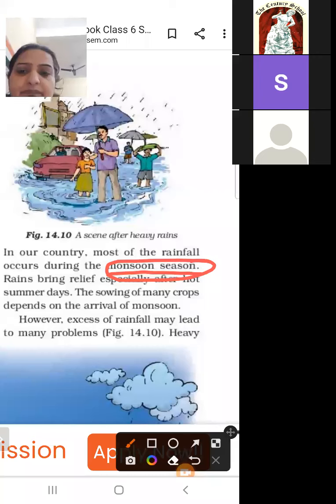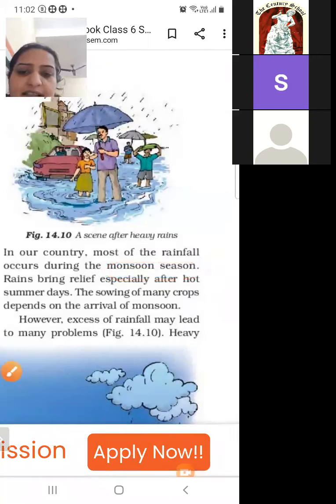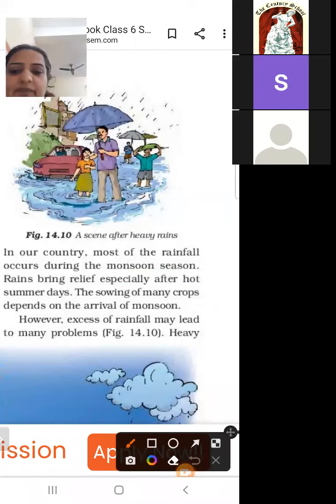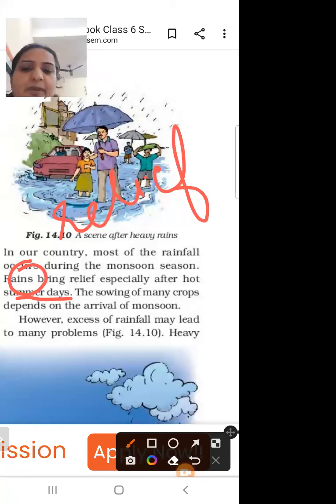Rains bring relief, especially after hot summer days. Suppose there are very hot days, and after these summer days the rains come, and these rains bring relief. जब बहुत ज्यादा गर्मी हो जाती है, अगर बारिश होती है, तो these rains bring relief. And the sowing of many crops depends on the arrival of the monsoon.